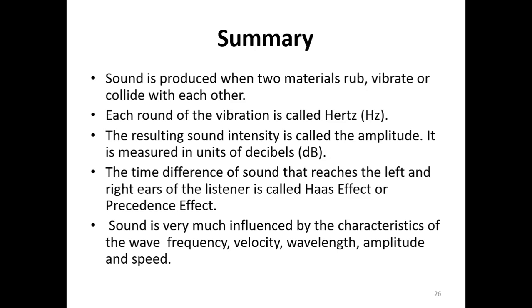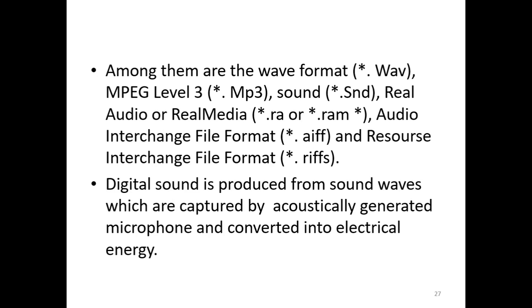And the summary. Now, sound is produced when two materials rub, vibrate or collide with each other, and each round of vibration is called a hertz, and the resulting sound intensity is called the amplitude. It's measured in decibels, and the time difference between the two ears, the left and the right ear of the listener, is called the Haas effect or precedence effect. And sound is influenced by the characteristics of the wave: frequency, velocity, wavelength, amplitude and speed.